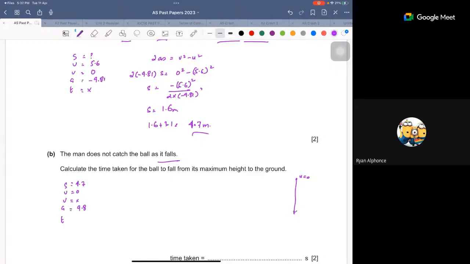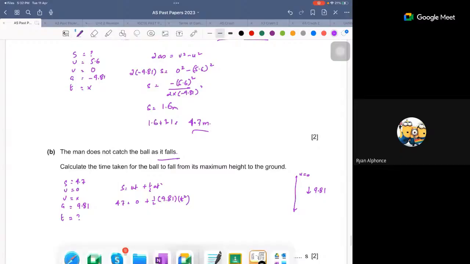Acceleration will now be 9.81. Why now 9.81? Because the direction of velocity and the acceleration are now in the same direction, and we want to find time. So the best equation will be s equals ut plus half at squared. So we have 4.7. ut will be 0 because initial velocity is 0. So half times 9.81 t squared.